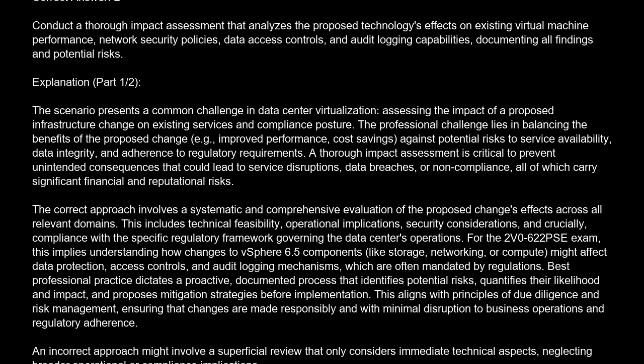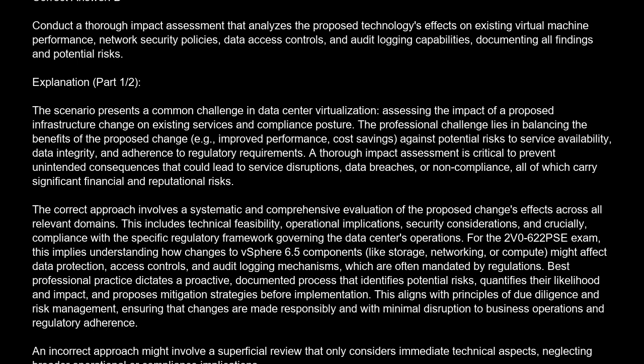The correct approach involves a systematic and comprehensive evaluation of the proposed changes' effects across all relevant domains. This includes technical feasibility, operational implications, security considerations, and crucially, compliance with the specific regulatory framework governing the data center's operations. For the 2V0-622 PSE exam, this implies understanding how changes to vSphere 6.5 components like storage, networking, or compute might affect data protection, access controls, and audit logging mechanisms, which are often mandated by regulations.